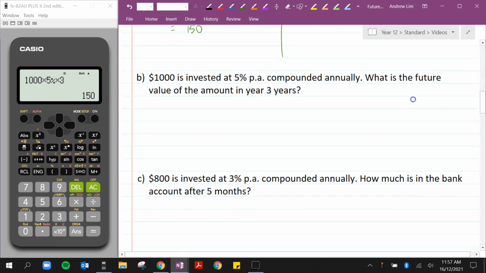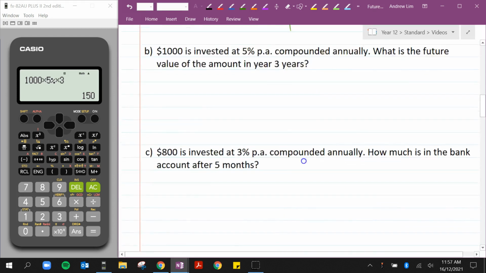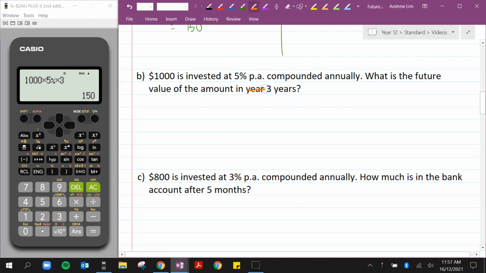Question B. $1,000 is invested at 5% per annum compounded annually. What is the future value of the amount in 3 years' time? In 3 years. So future value is equal to present value times 1 plus r to the n. Future value, this $1,000 is the amount invested.